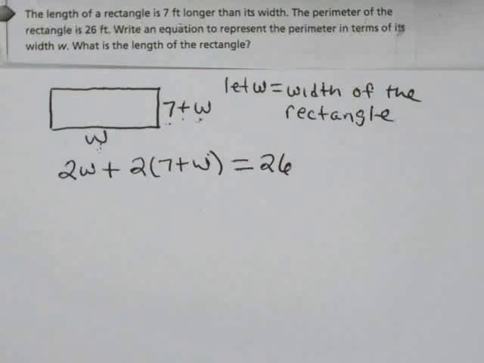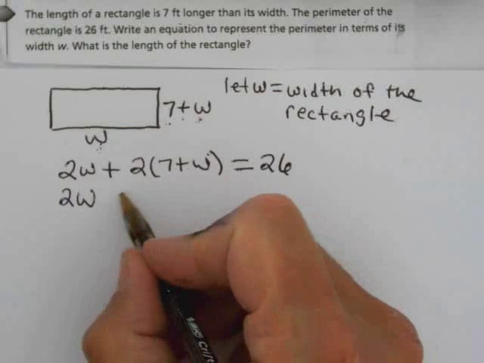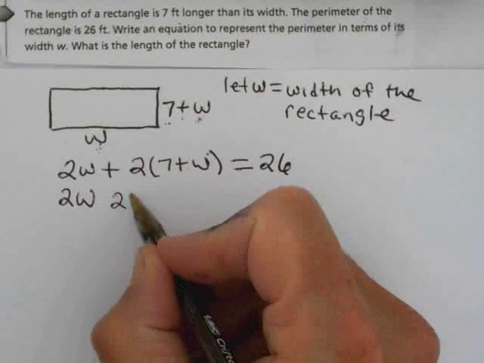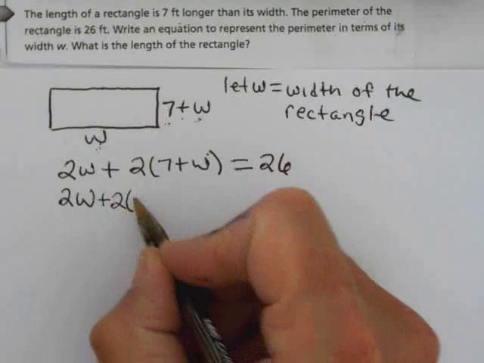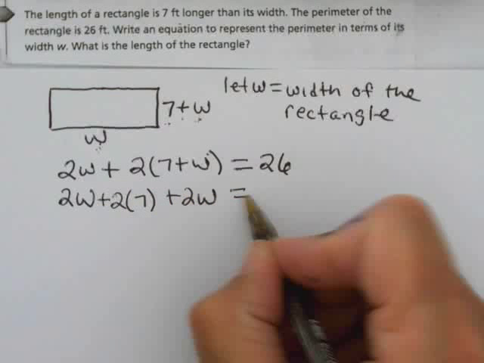Okay, let's solve this equation and then see if we can answer the question. So of course, this is going to remain 2W. This will become plus 2 multiplied by 7 plus 2 multiplied by W will equal 26.